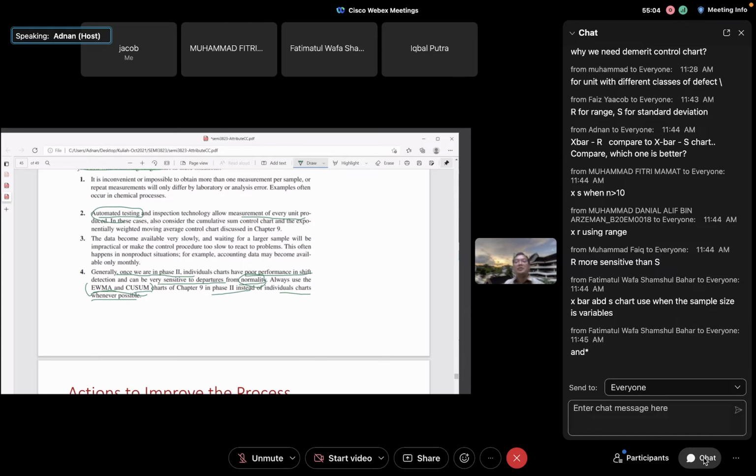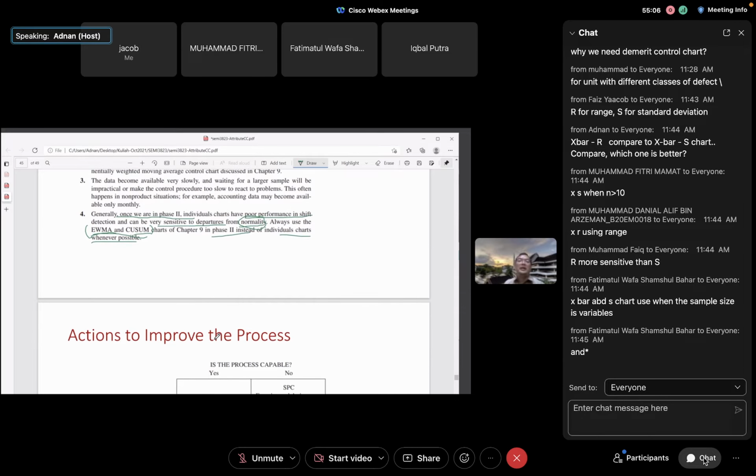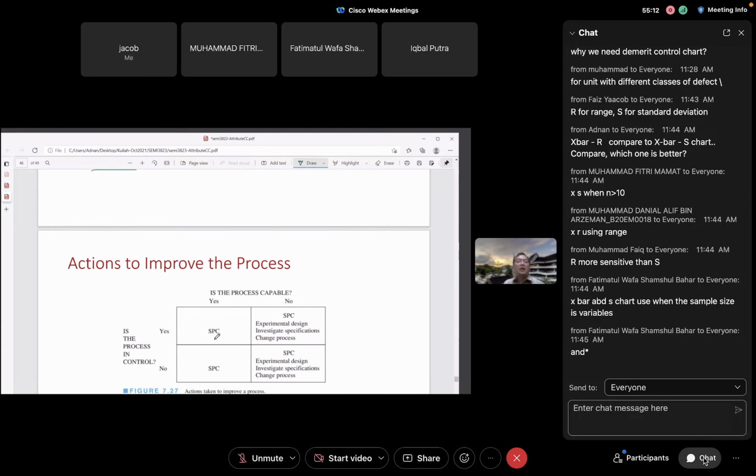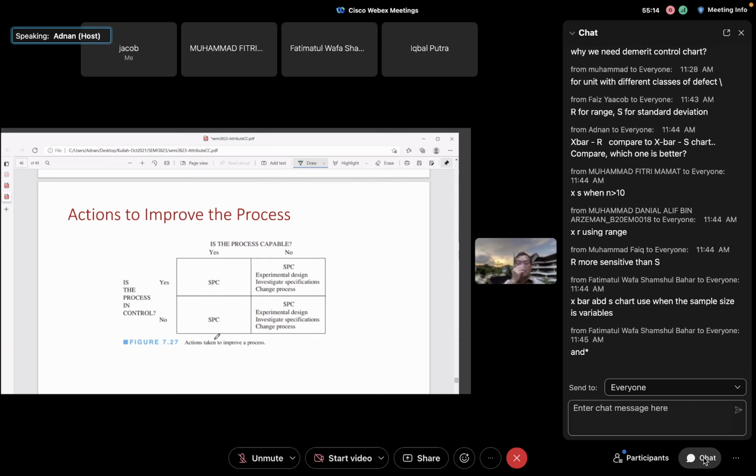These are guidelines because in practice you might wonder which chart to use, and nobody is there to help you decide. This is some of the guideline related to implementation of control charts. We are monitoring whether the process is in control, or whether the process is capable.